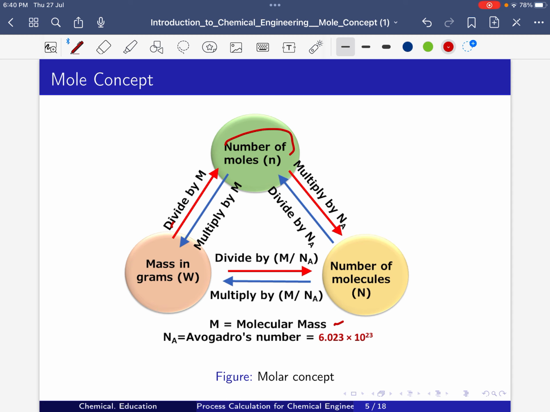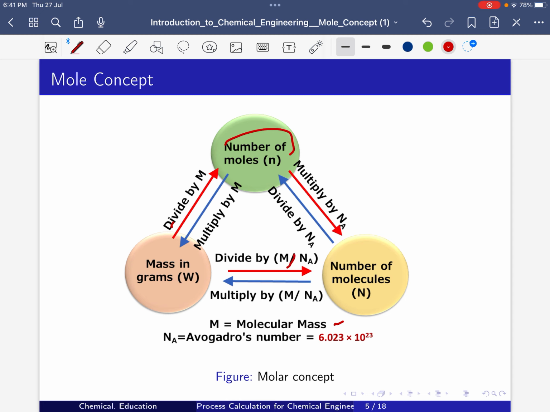Similarly, if we multiply the number of moles by Avogadro's number, we get the total number of molecules. If the total number of molecules is given and I divide by Avogadro's number, we get the number of moles.